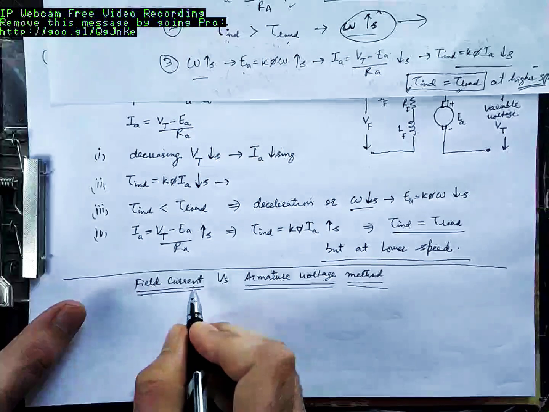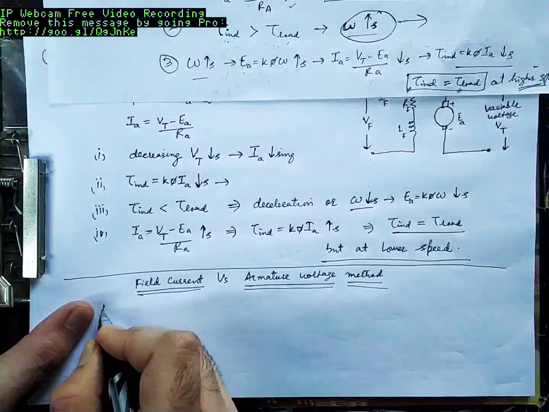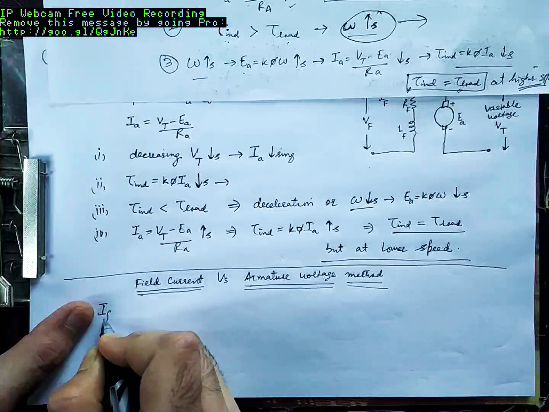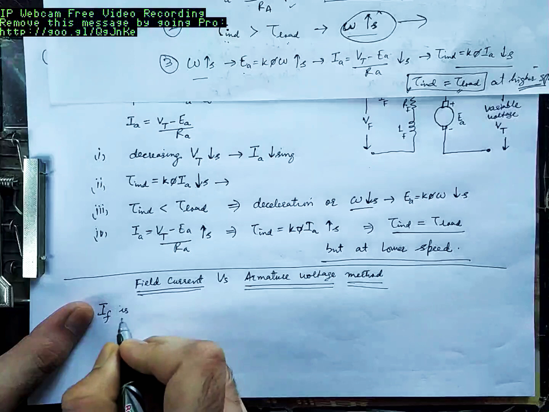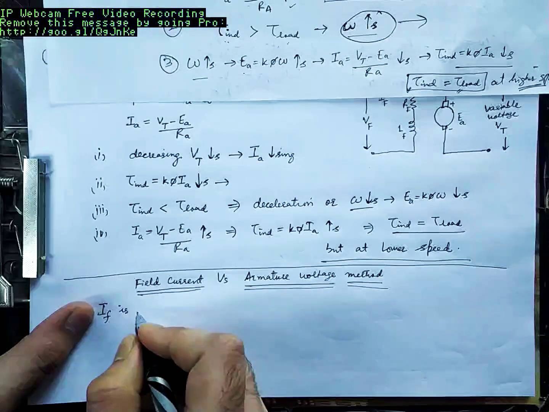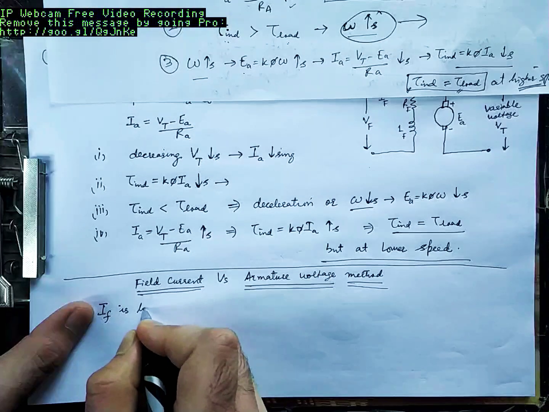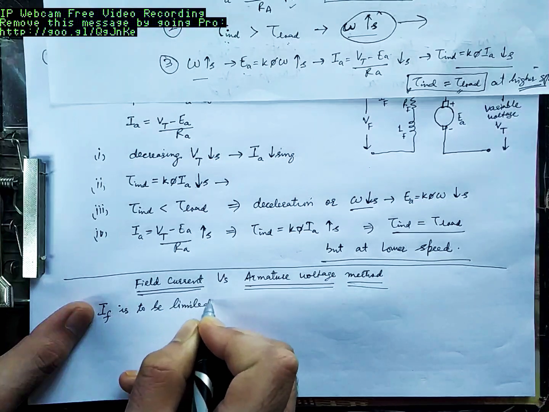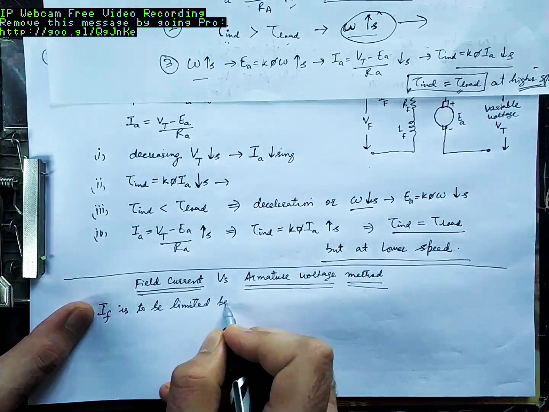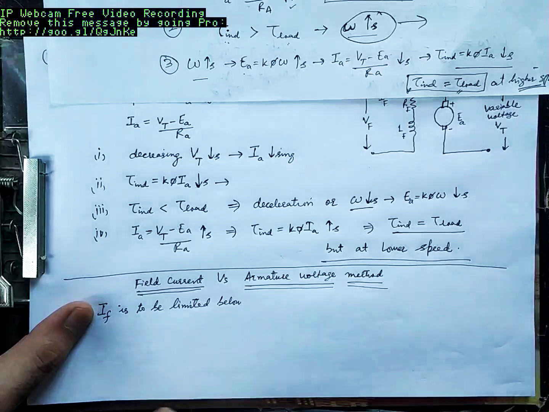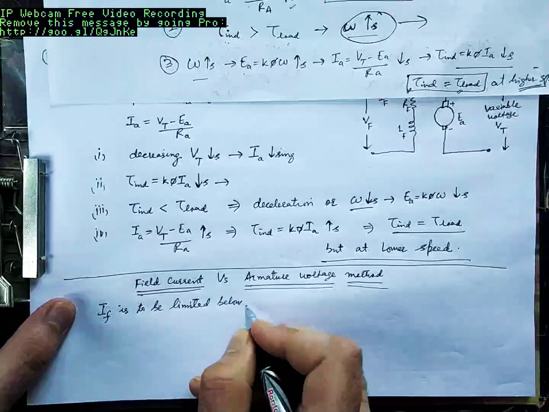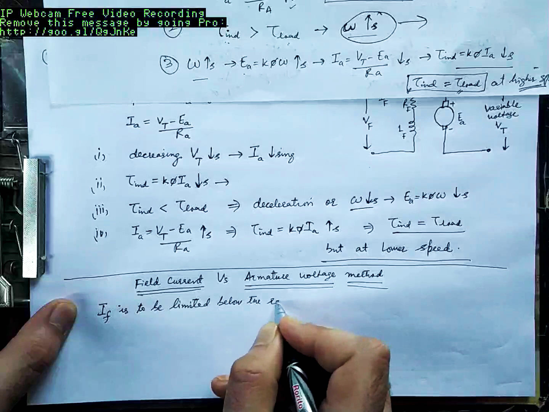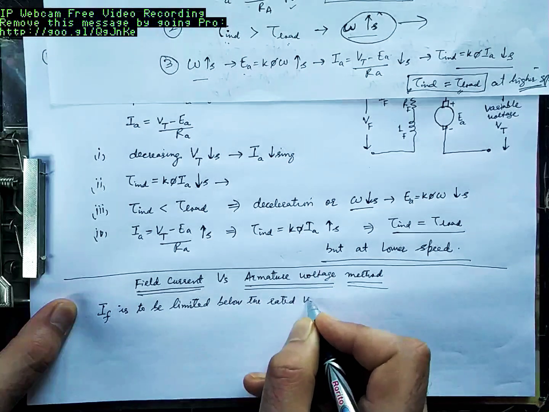In field current control, IF is to be limited below the rated value.